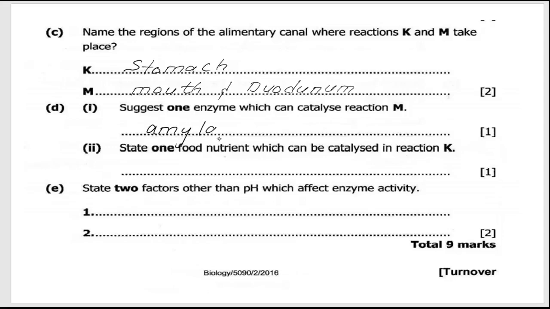Some will pronounce it differently. So apart from amylase, you also have trypsin in the duodenum, and then you also have lipase in the same duodenum. Meaning the enzymes that catalyze lipids.